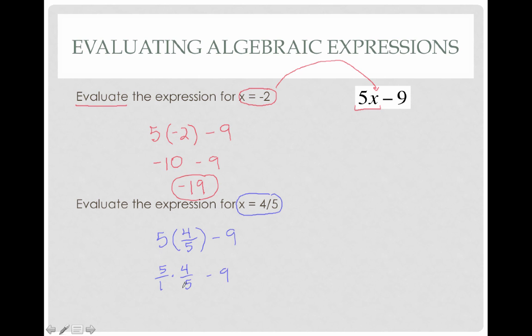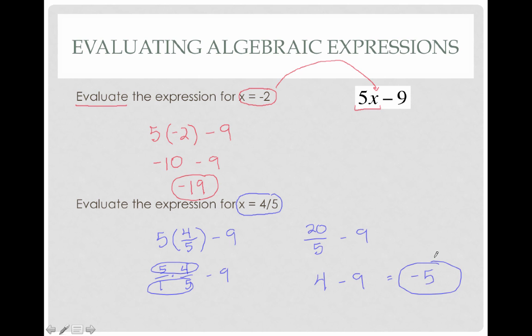Multiplying fractions, I can multiply the numerators and denominators. So 5 times 4 is 20. Over 1 times 5 is 5 minus 9. 20 over 5 simplifies down to 4. And 4 minus 9 is equal to -5.